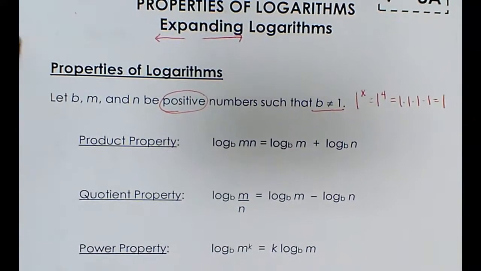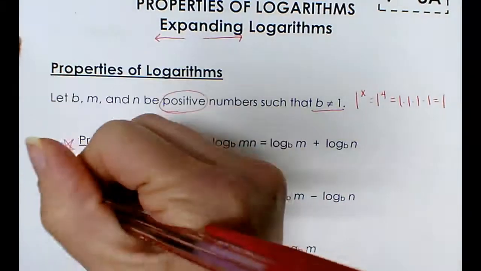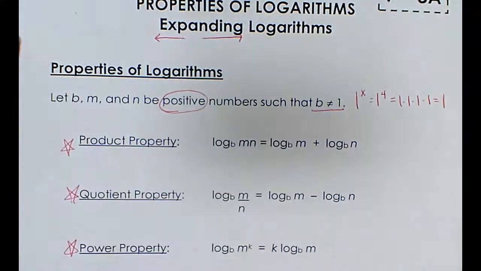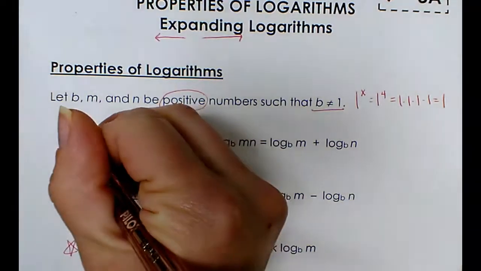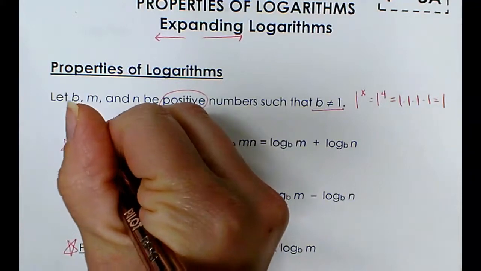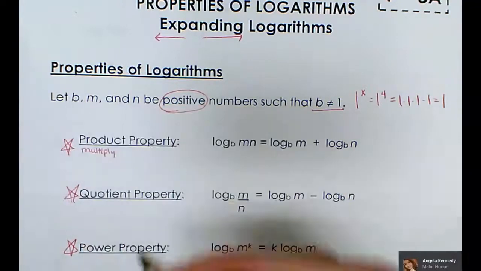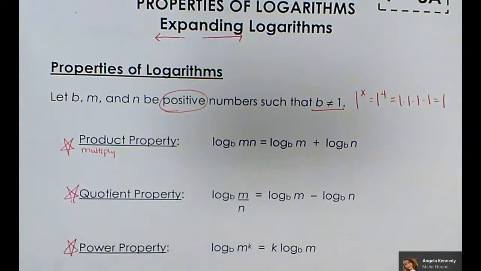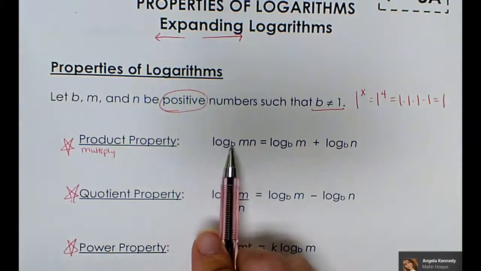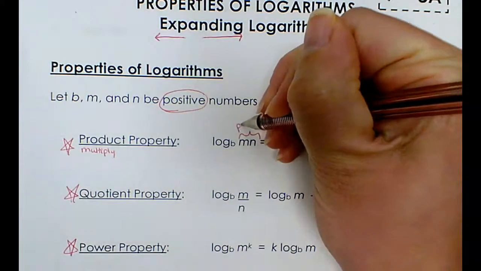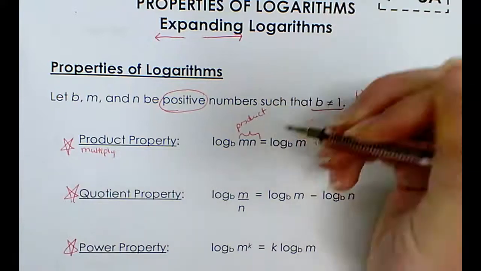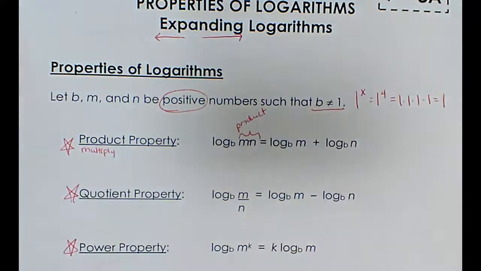We have 3 properties here. These 3 properties need to be memorized. If you're a flashcard person, these 3 things need to be on flashcards. The product property, product means multiplication, occurs when you have log base b of a product, here m times n.